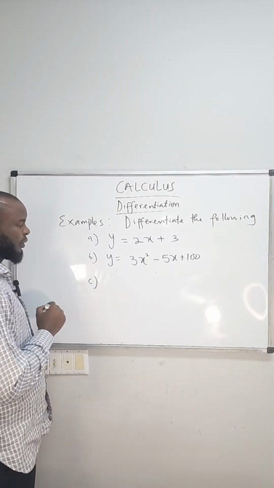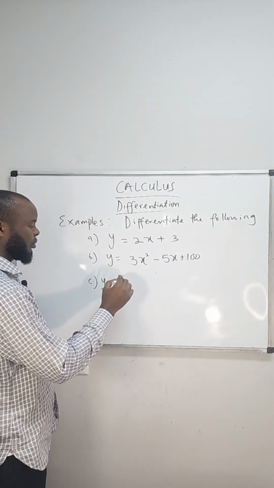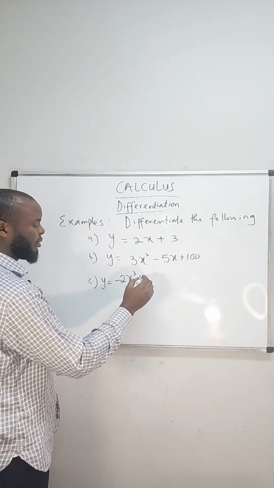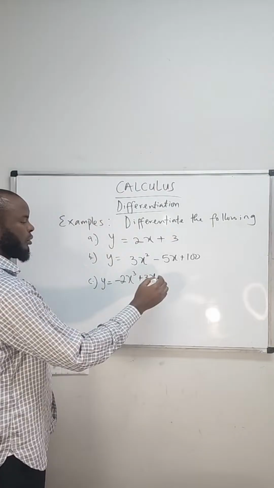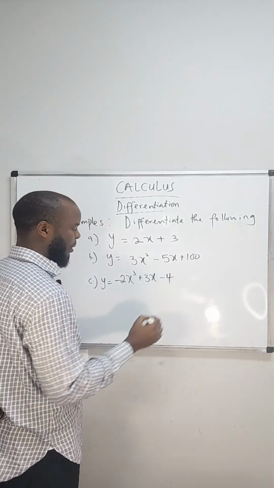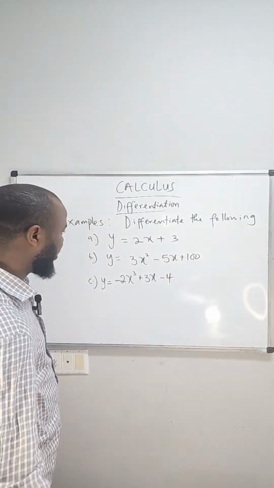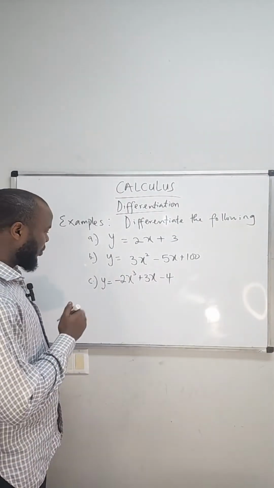C, we have y equals minus 2x cubed plus 3x minus 4. So I have these three, and I want you to differentiate them for me. How do you do this? Now let me do the first one.